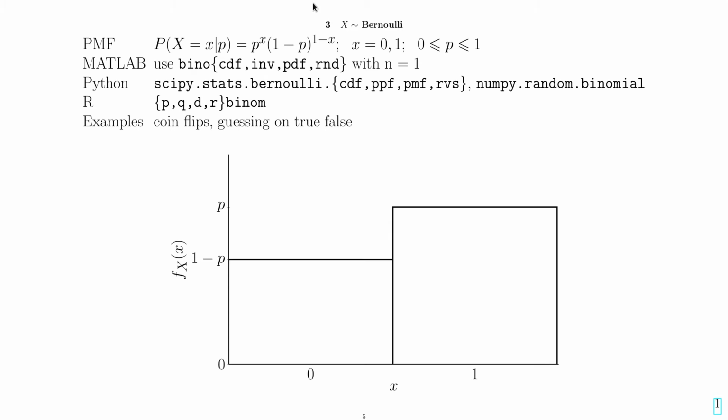The probability mass function for Bernoulli, which we've already met, is the probability of a success times 0 or 1, and then 1 minus the probability of success, which is the probability of failure, times the other 0 or 1. So if this is 1, this is 0, and if this is 0, this is 1. That's how that works.